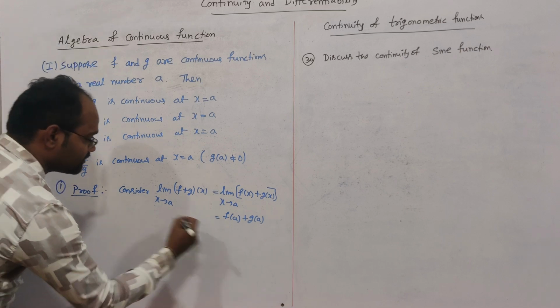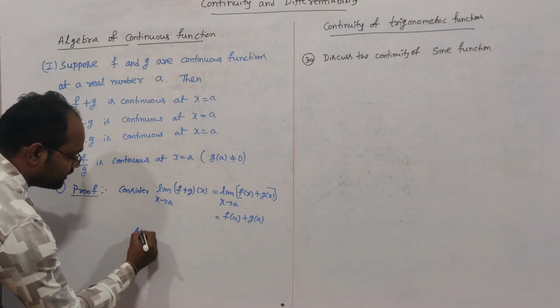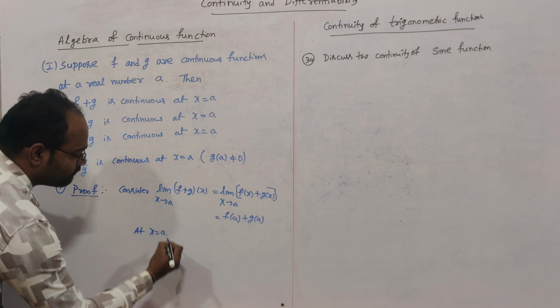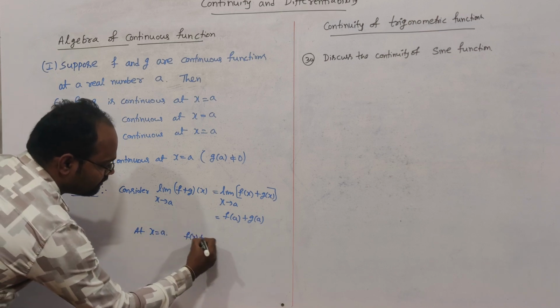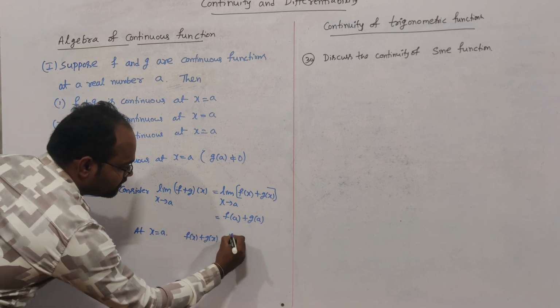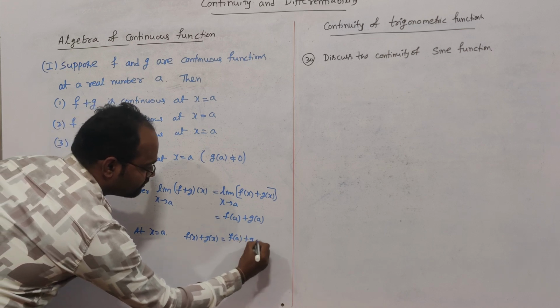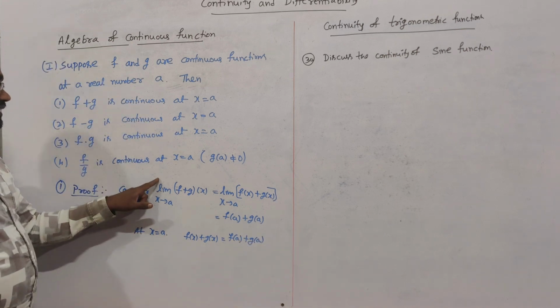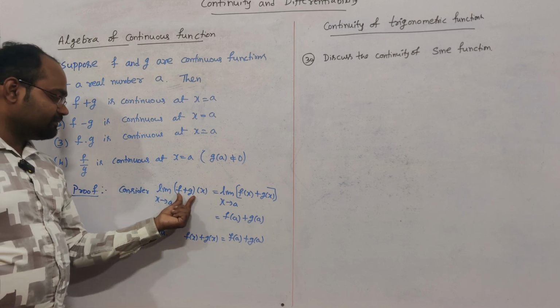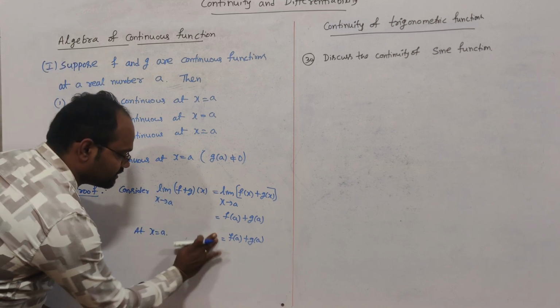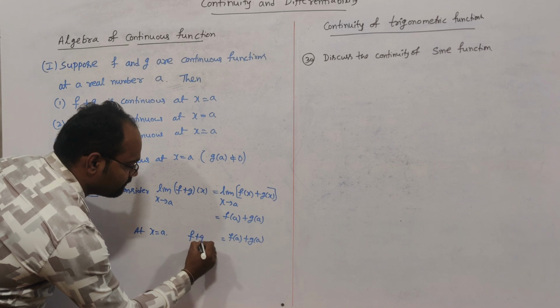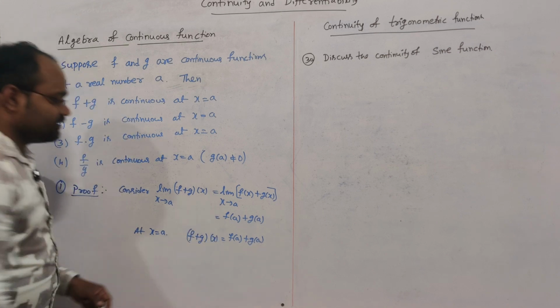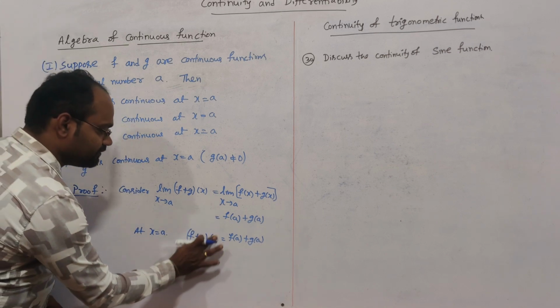So let us consider like this. At x is equal to a, what is f of x plus g of x? It is also f of a plus g of a. So what we can observe, the limiting value of f plus g of x, let us take it like this, f plus g of x at x is equal to a, f plus g of a.